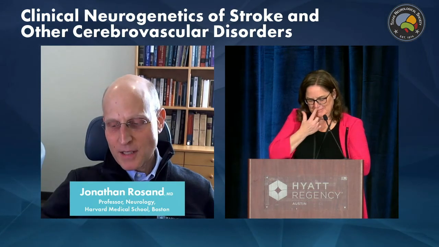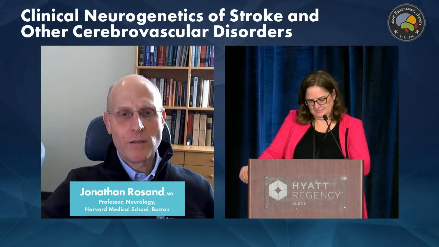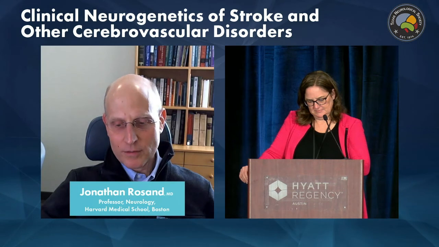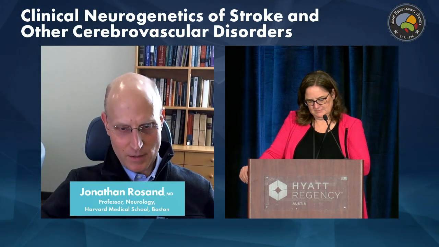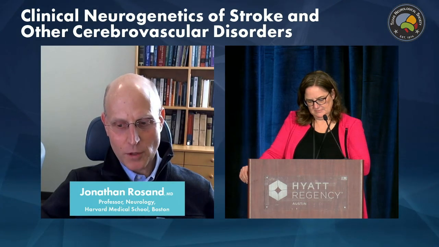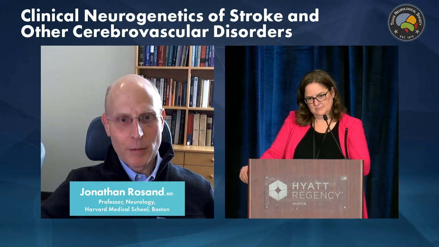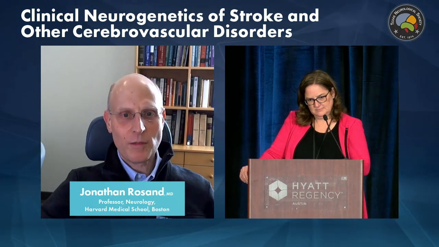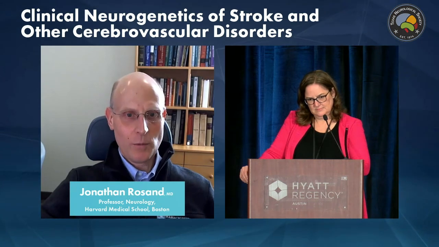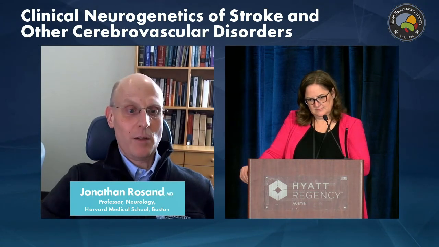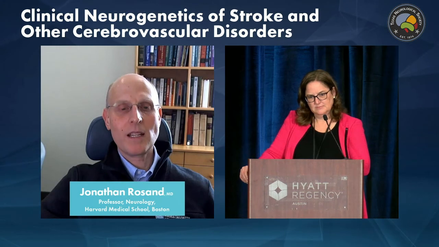But sleep apnea is one of these that we all recognize as an important risk factor for stroke, but the mechanisms through which sleep apnea probably leads to stroke are going to be multifactorial. And that's one where genetics might help. It might help us disentangle some of those mechanisms.